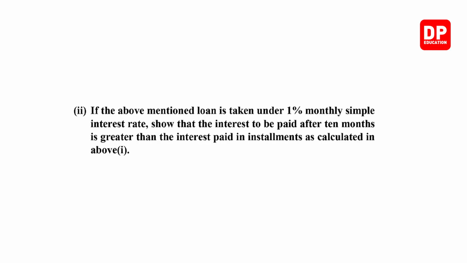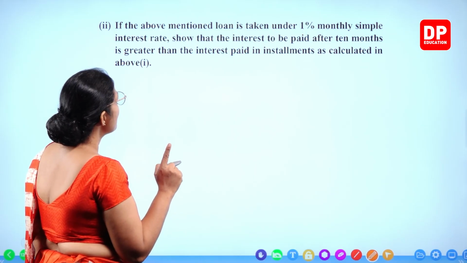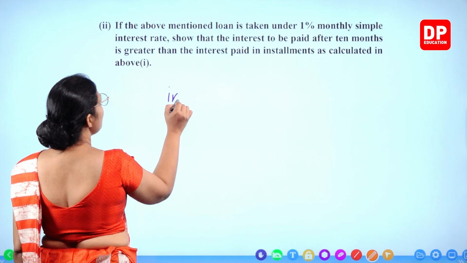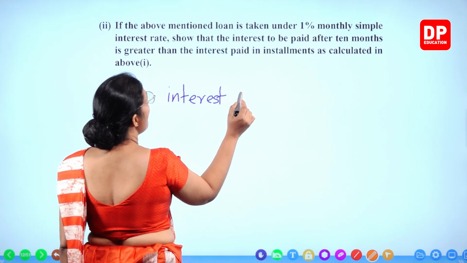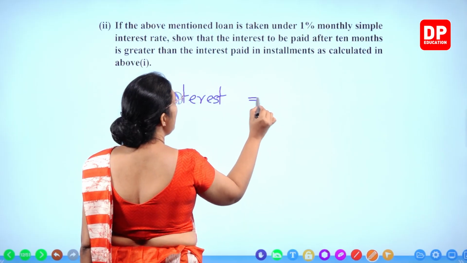If the above mentioned loan is taken under 1% monthly simple interest rate, show that the interest to be paid after 10 months is greater than the interest paid in installments as calculated in above part 1. So if the monthly interest is 1%, what is the interest needs to pay?